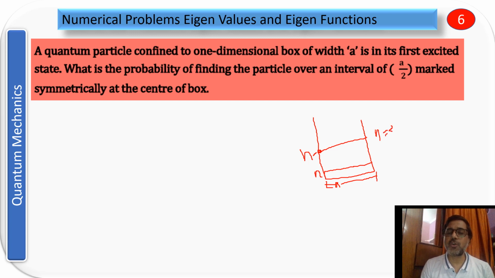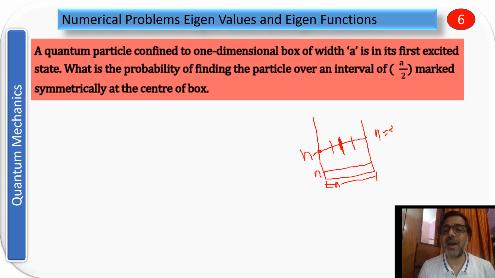So this is going to be half, a by 2, exactly the center. Now what it says is: the interval of a by 2 marked symmetrically at the center of the box. The center of the box is a by 2, and from here a by 2 distance, and again from here a by 2 distance. So this is what you have been given.